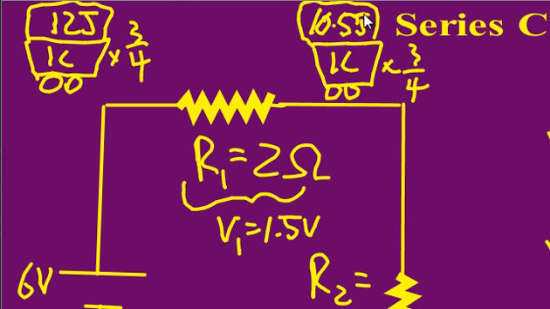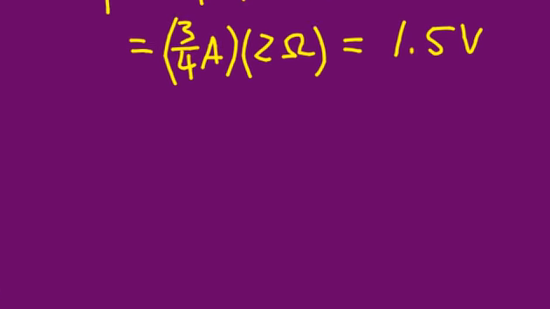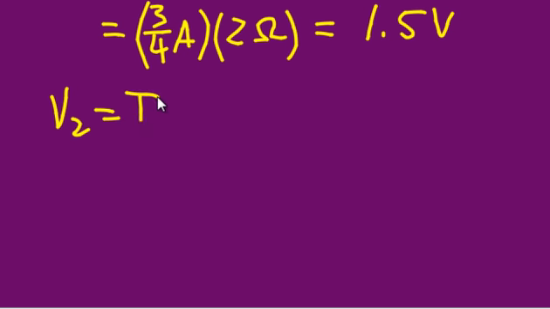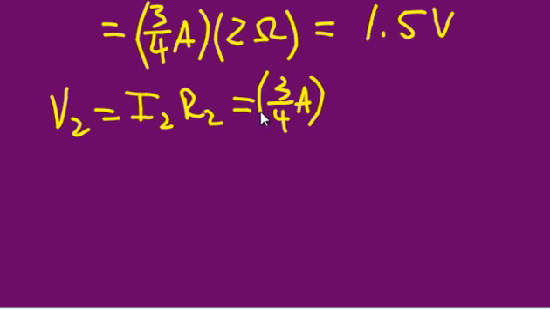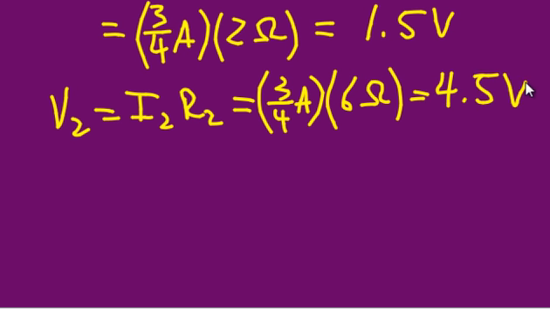And now you work your way through the circuit and you do a similar thing for each of the other two. All right, so I get to resistor 2, V2 equals I2 R2, and we see that that is 3/4 amps times 6 ohms, and that works out to 18/4, which is 4.5 volts. And I'm going to go ahead and do the voltage across the third resistor as well.